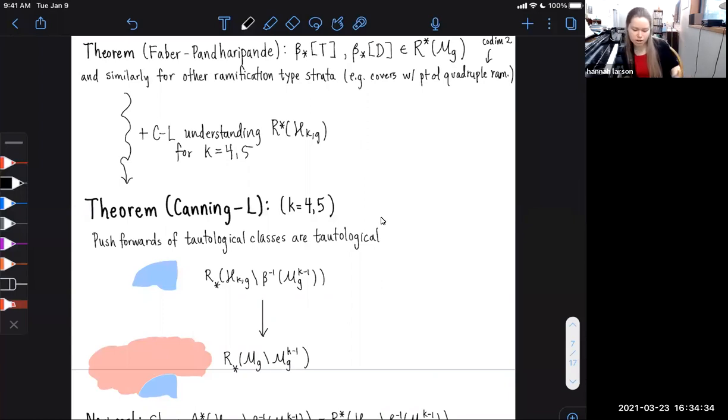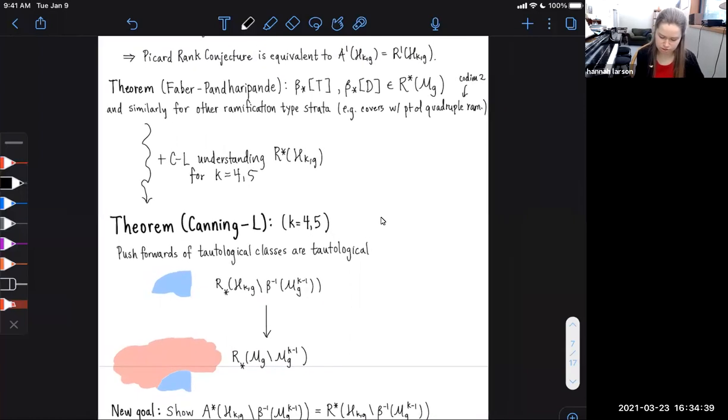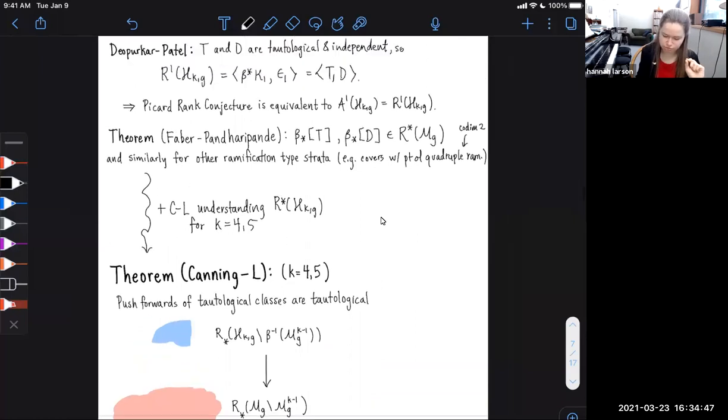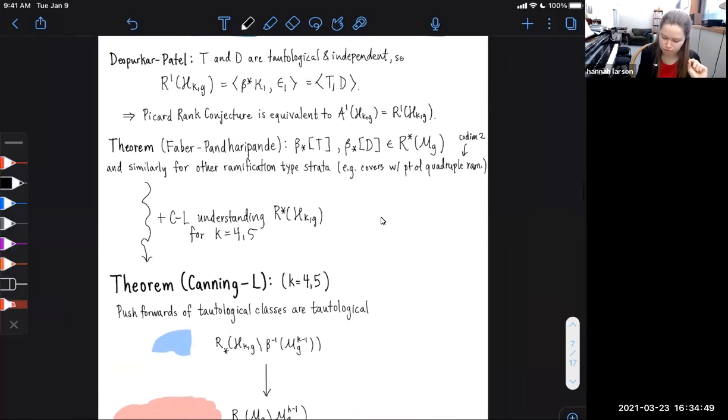And this argument goes by way of the theorem of Faber and Pandharipande. So in codimension 1, we already know by the work of Deopurkar and Patel that R^1 is generated by T and D, and those push forwards are tautological.